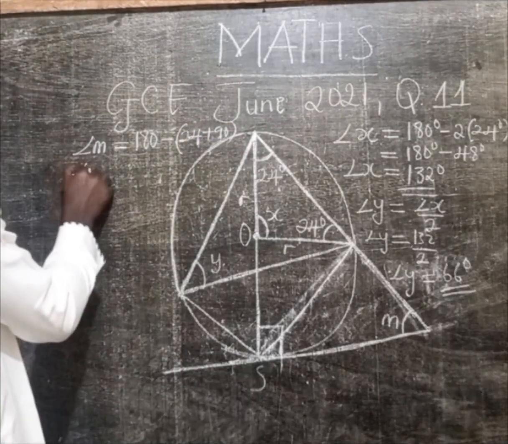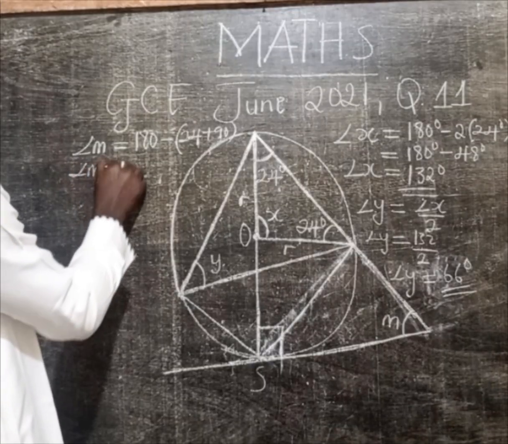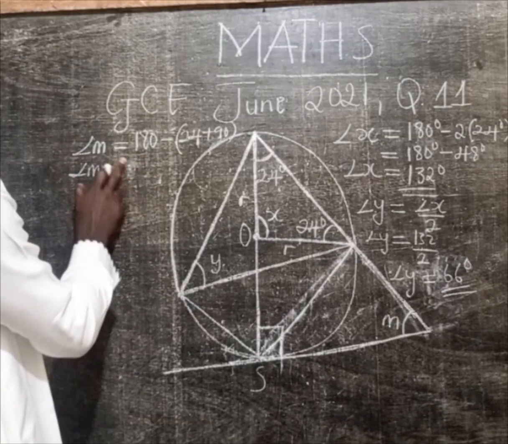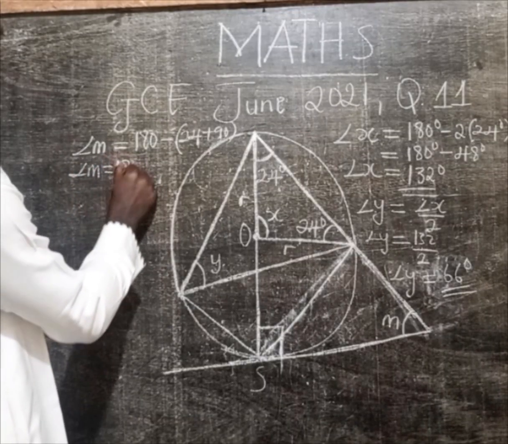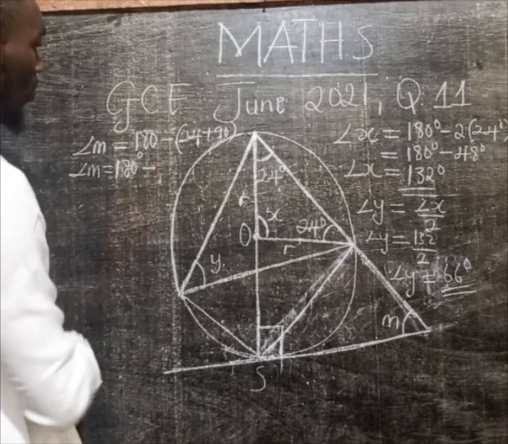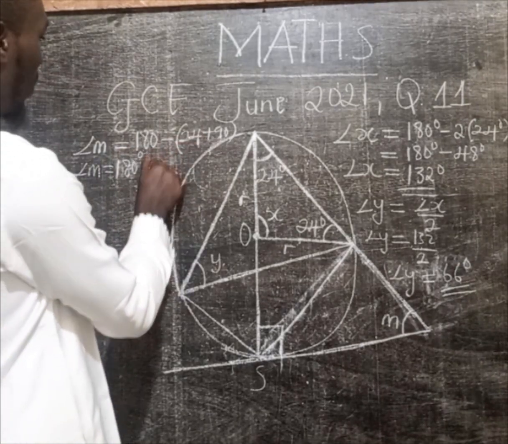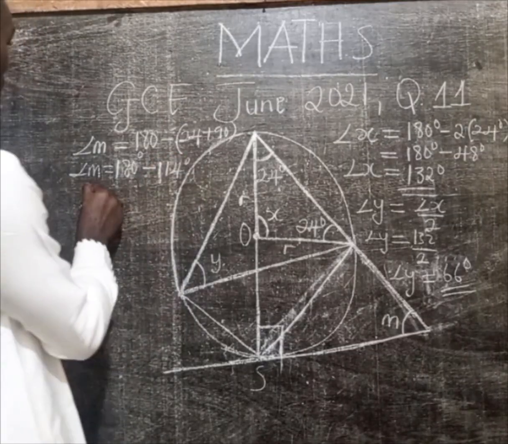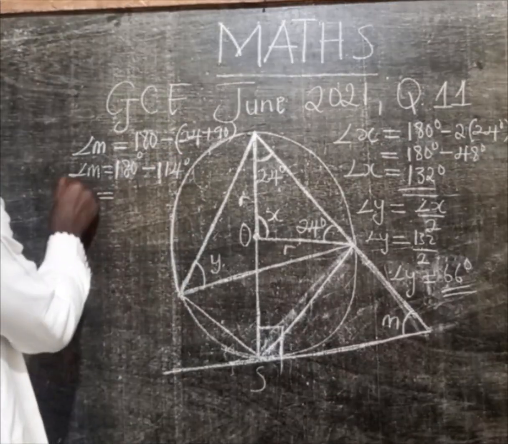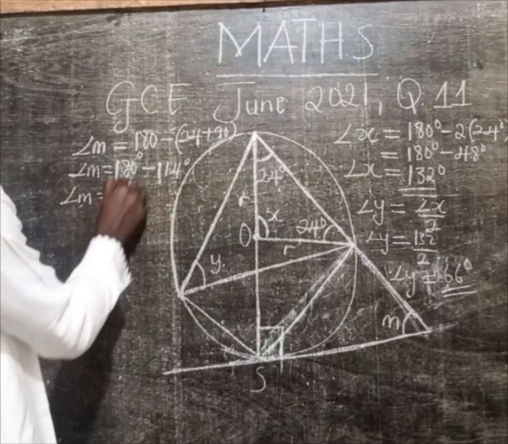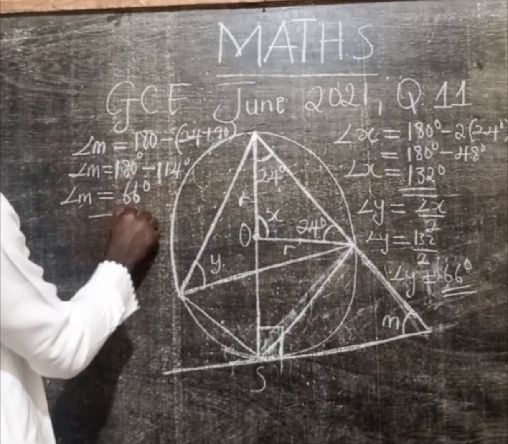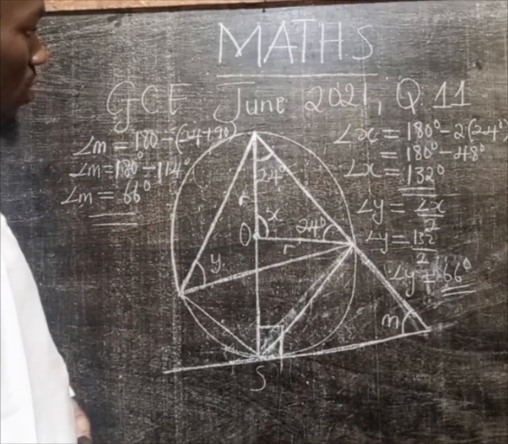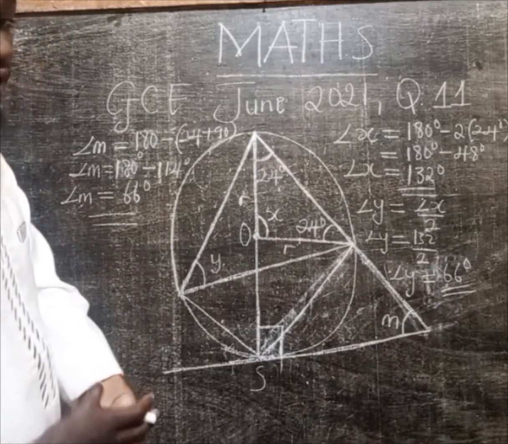So this shows that angle m should be 180 degrees minus 114 degrees. When we do the subtraction, we end up having angle m to be 66 degrees as well. So these are the values of the different angles.